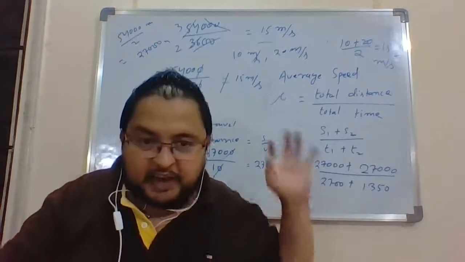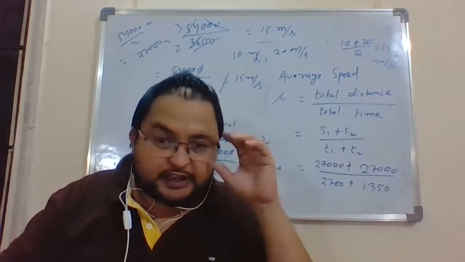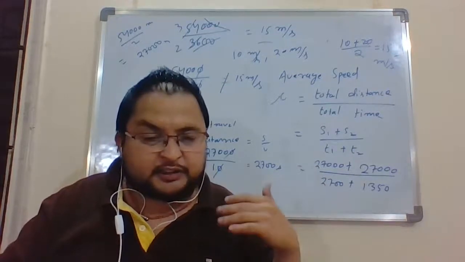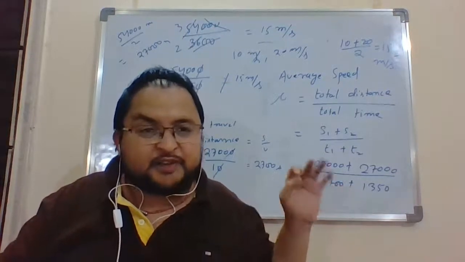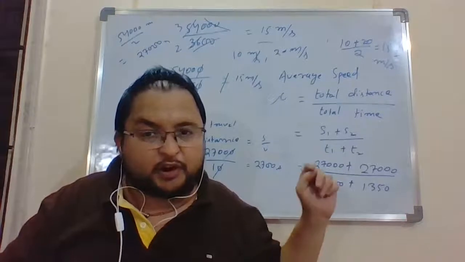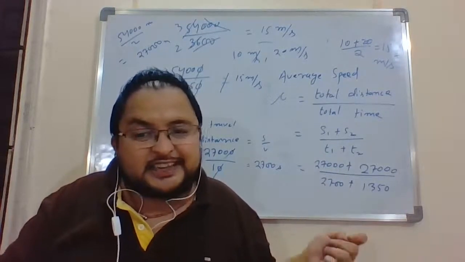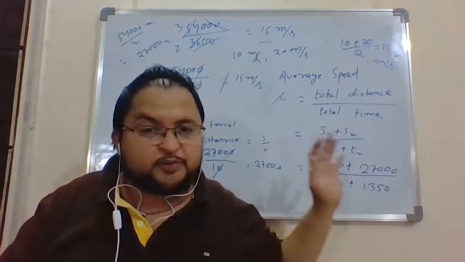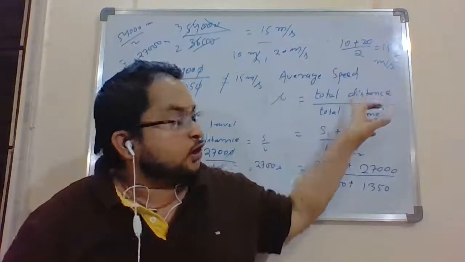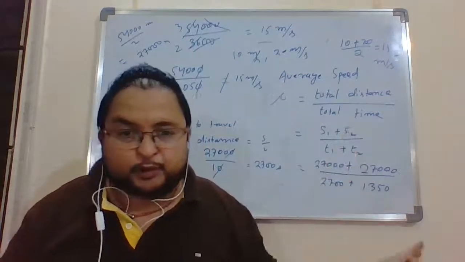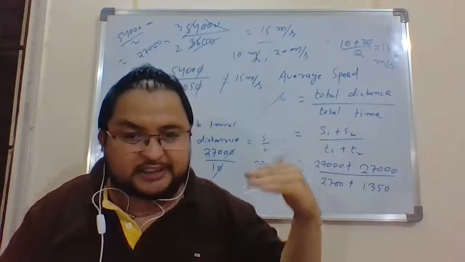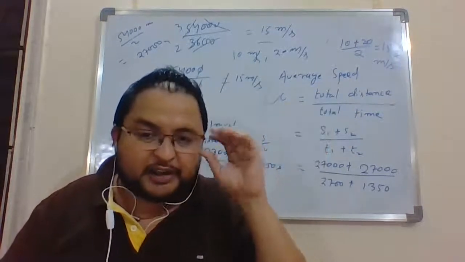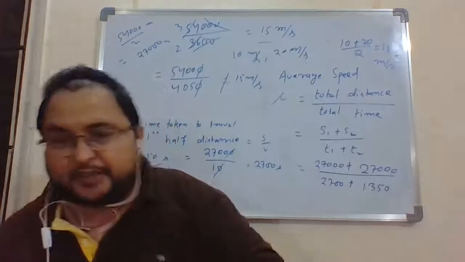So when you are calculating average speed, don't blindly just do an average. See whether your problem is in terms of time or in terms of distance. And if you are writing a board exam, I would always advise you to go through total distance by total time, because when you do it step by step using this approach, your concept would get cleared. Okay, good.